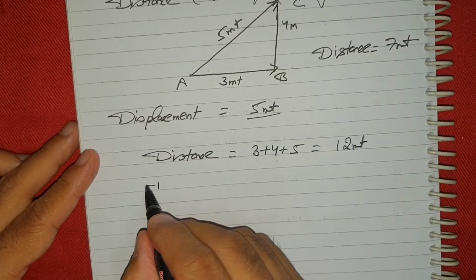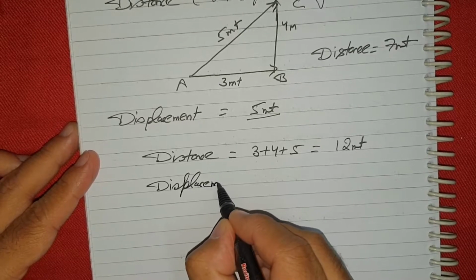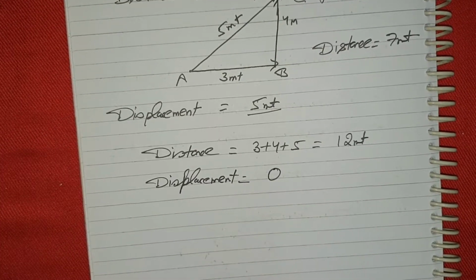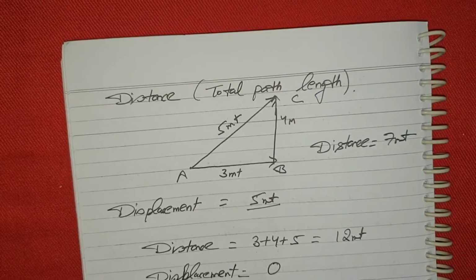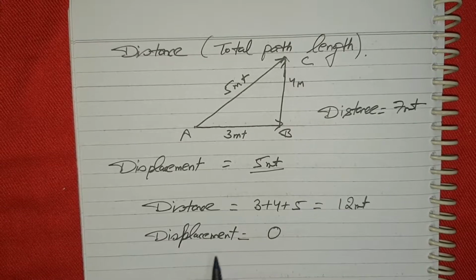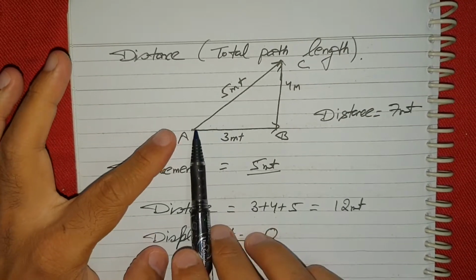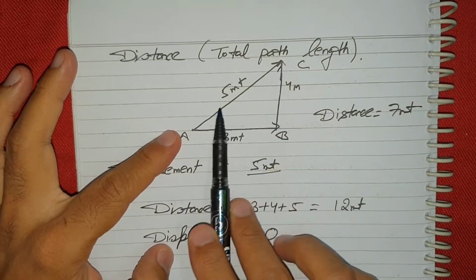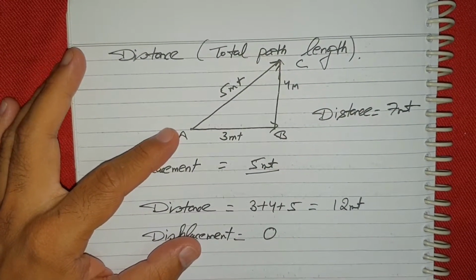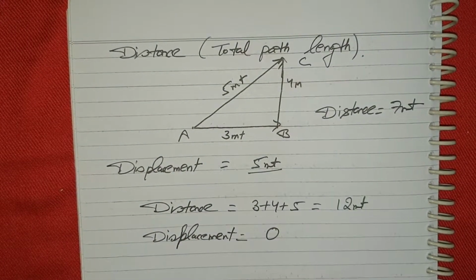Displacement will be zero. This is because the object has returned back to its initial position. So, what is the difference between initial and final position? It is 0, because the object is back at its starting point.